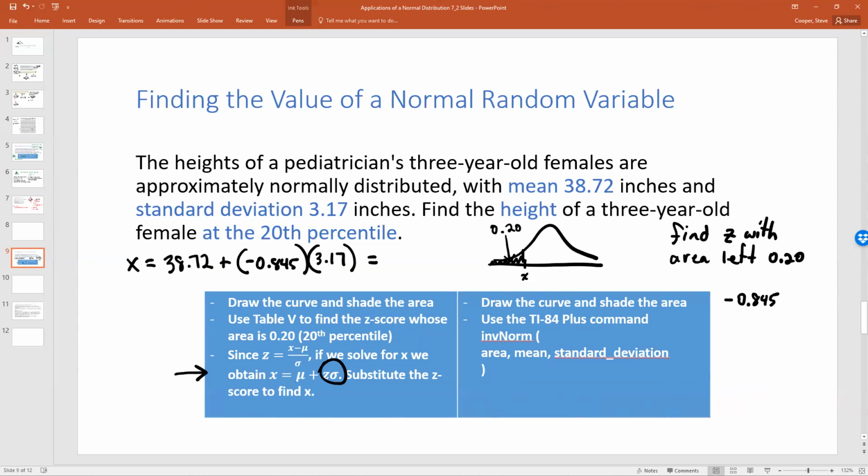That comes out to about 36.1. So we found this is 36.1 in terms of X.